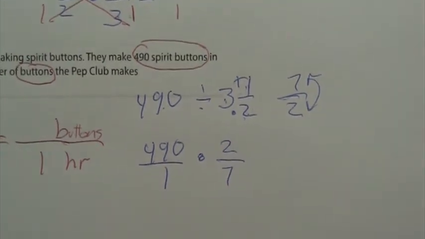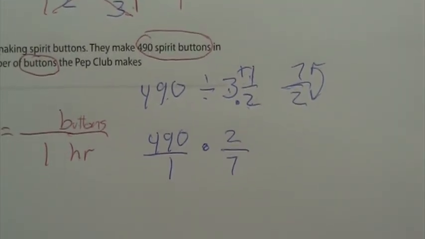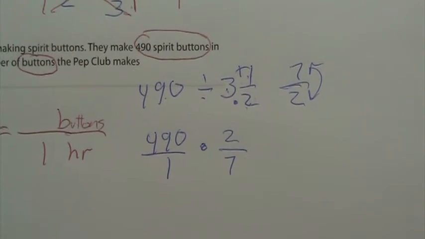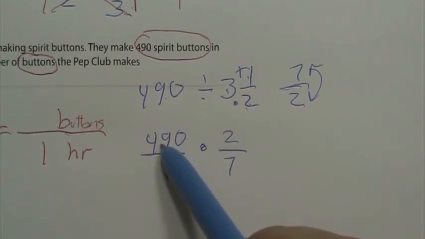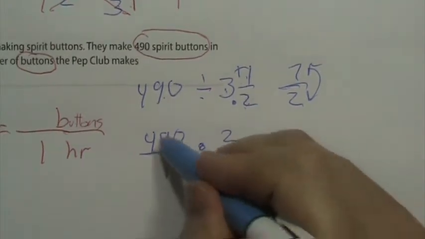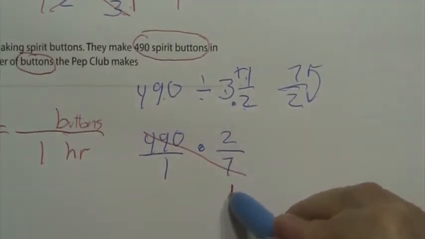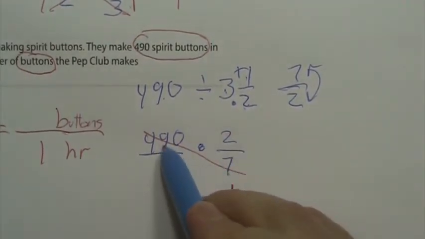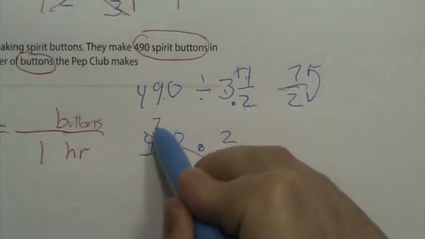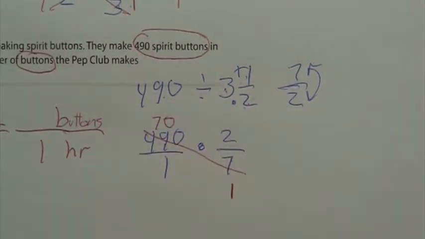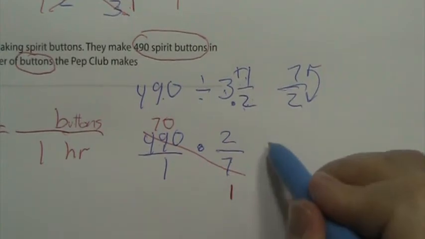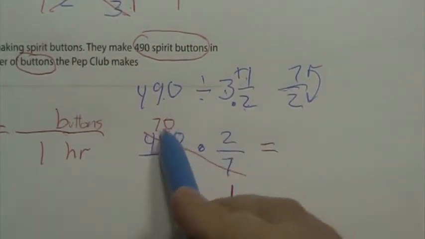And there we go. Okay, can you see something that you can reduce? Can you see that 7 goes into 49? Right? 7 goes in here once. 7 times 7 is 49. So this must be 70. All right, and then go straight across now.